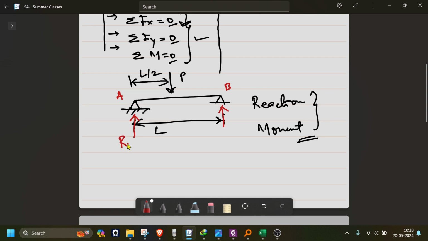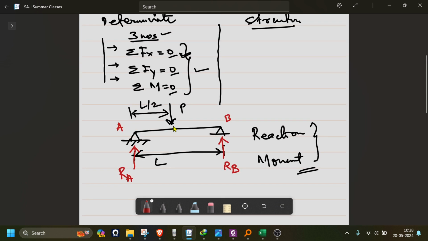Yes. So there will be two reactions. That is, let us say the reactions are RA and RB. Right? Okay. So what will be RA and RB? So if we see now, which type of structure is this one? Which type of structure is this one?